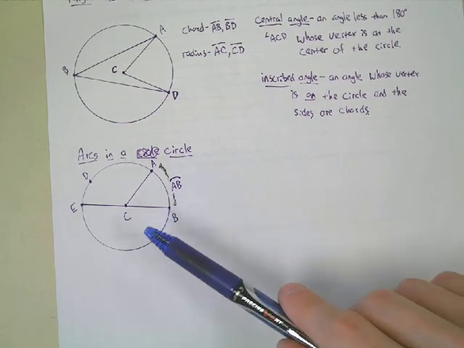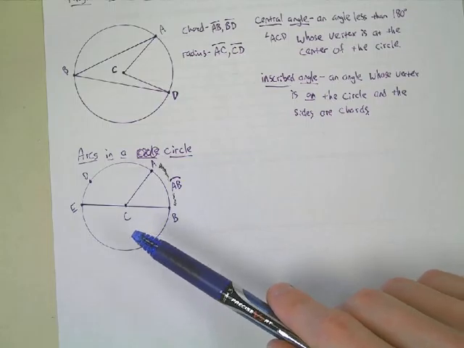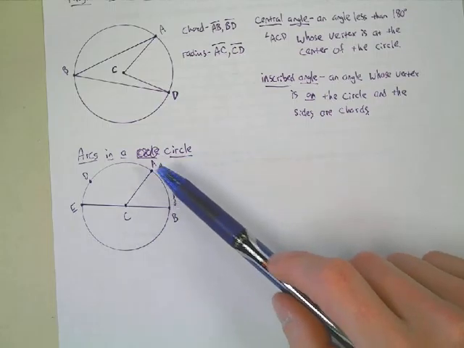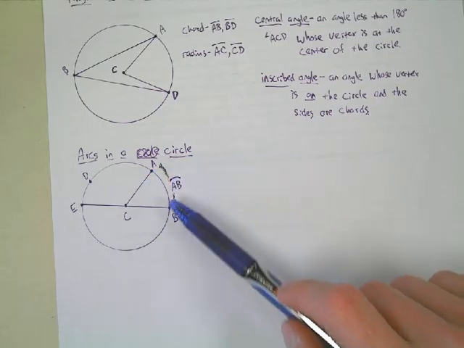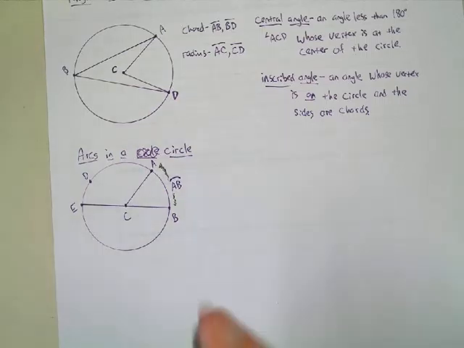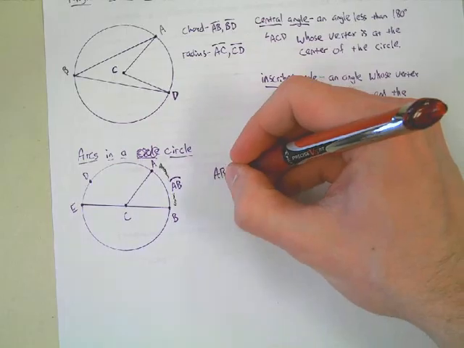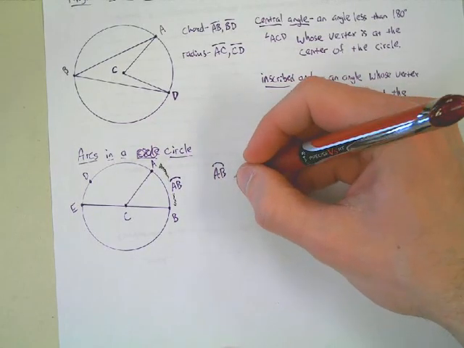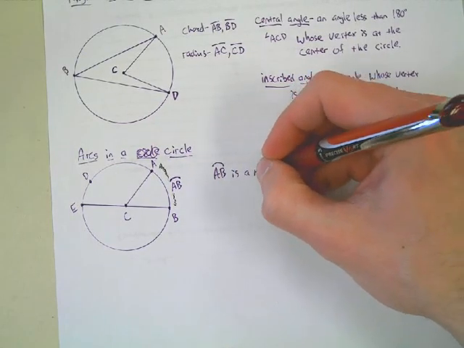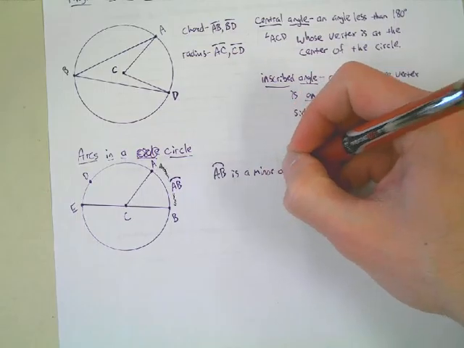So in this case, you want to talk about AB. And this shorter path is called a minor arc. So AB with just two letters is a minor arc.